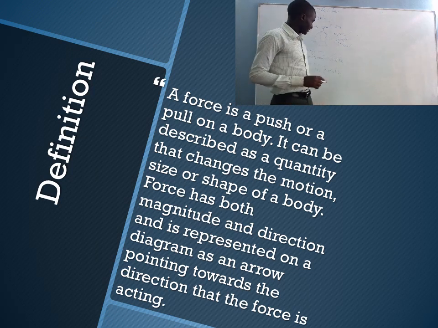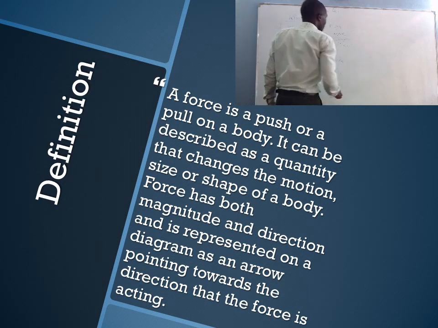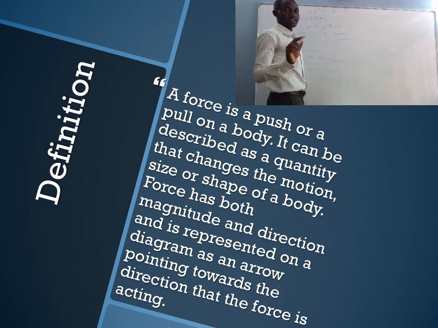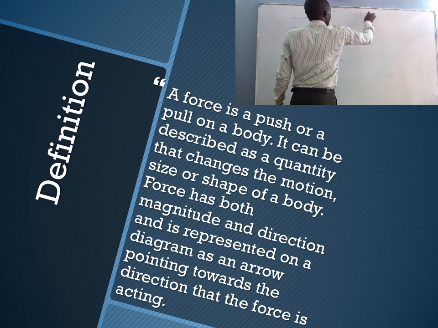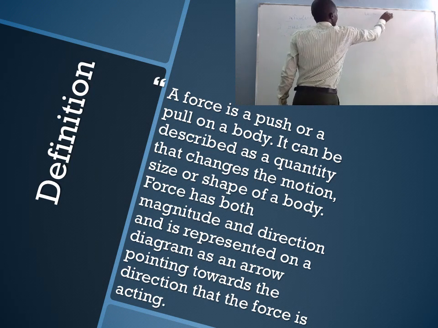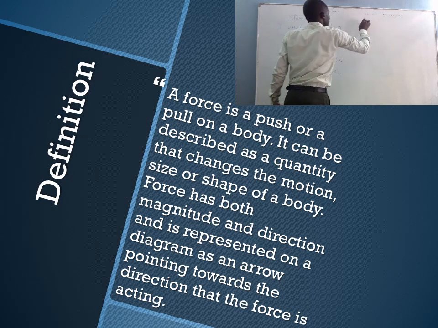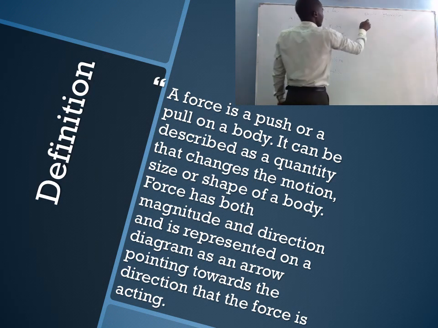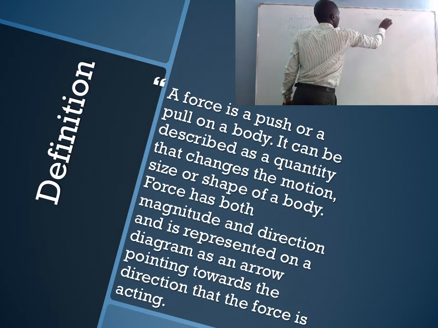In the previous class, we looked at the various types of quantities, and we said that in physics, physical quantities can be basically divided into two. We have vector quantities, and two, we have scalar quantities.